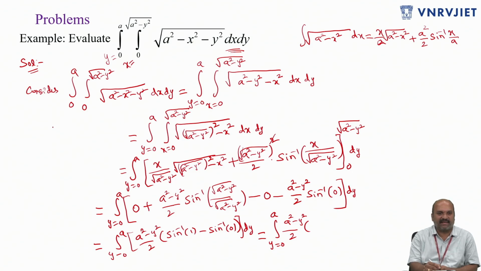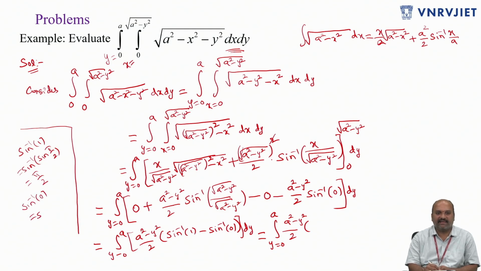So sine inverse cancels, we have pi by 2. Similarly, sine inverse of 0 can be written as sine inverse of sine 0. So it is cancelled, so 0. That means here it is pi by 2 minus 0, into dy.